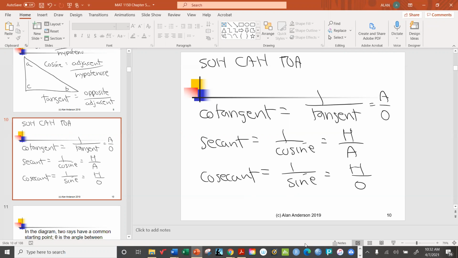So I think you just have to memorize them. It's too bad. The SOHCAHTOA works very nicely, but you just have to remember them. So this is how these functions are formally defined on angles in a triangle.